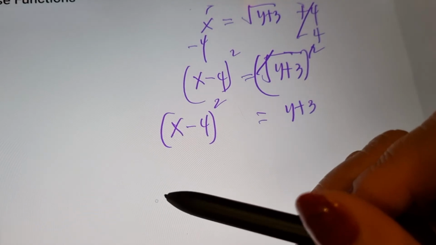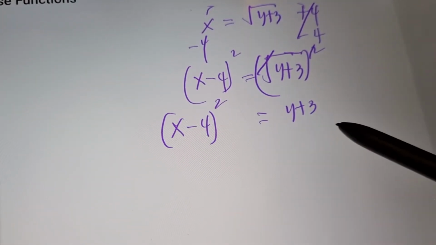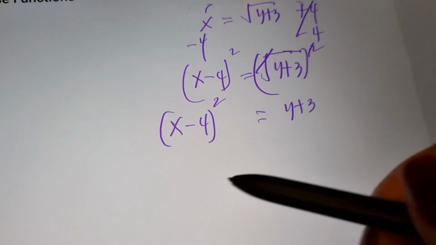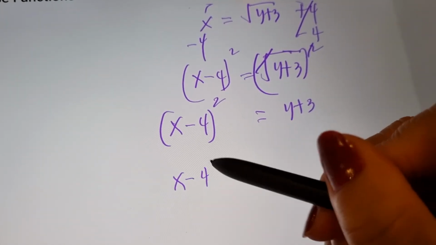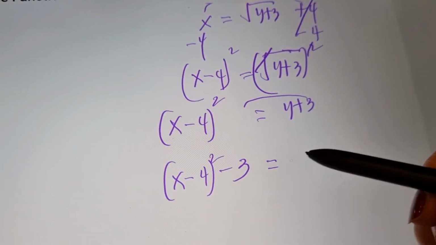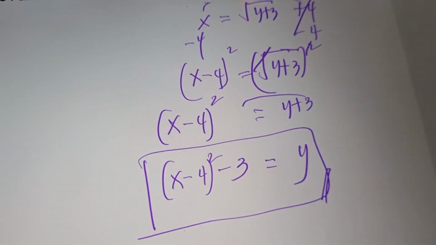Okay, what is x minus 4 squared? You can do the FOIL method, or you can just simply transpose this to the other side. It becomes negative 3 and y. You can do it like that.